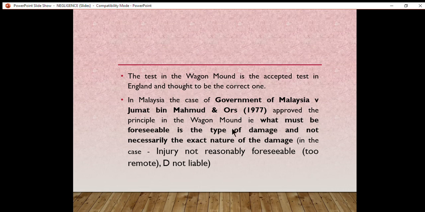Okay, and this also approved the principle in the Wagon Mound and was used in the case of Government of Malaysia against Jumat bin Mahmud and others. Okay, remember the facts of the case just now. The damage that would happen was not foreseeable.